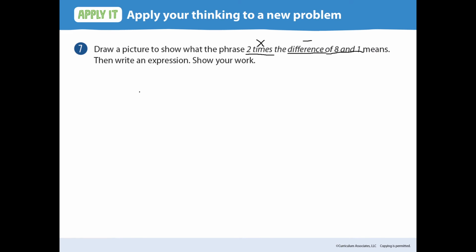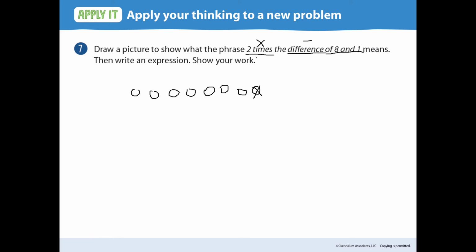So looking at counters, the difference of 8 and 1, I'm going to draw 1, 2, 3, 4, 5, 6, 7, 8. And I'm going to take 1 away from that. That's a difference of 8 and 1.